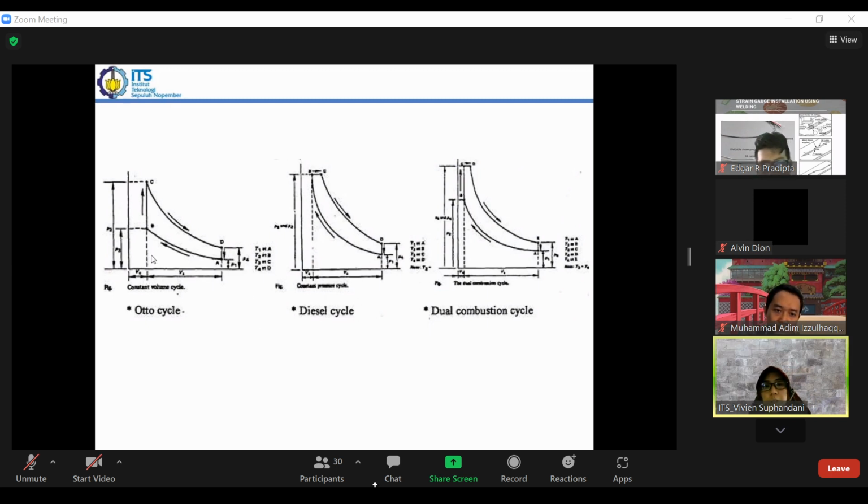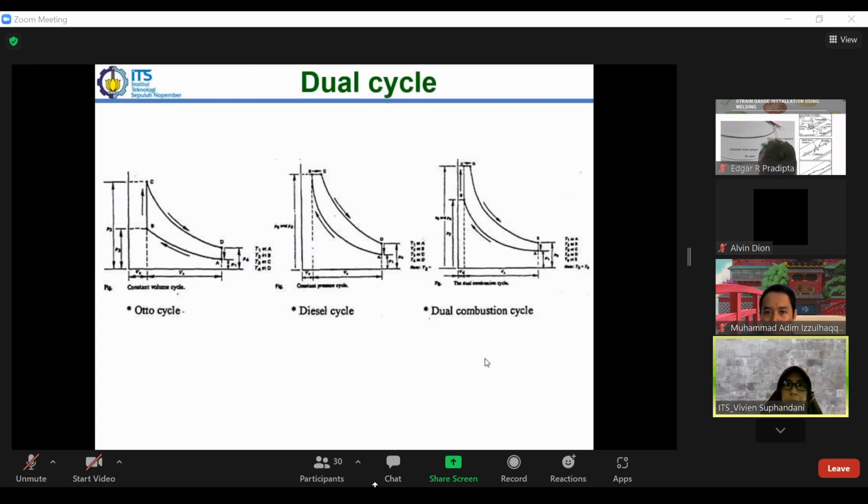In the Otto cycle, heat addition occurs at constant volume, and in the diesel cycle, heat addition occurs at isobaric. So in the dual cycle, heat addition occurs in this area. We have two processes here for the heat addition: isochoric and isobaric processes in the dual cycle.